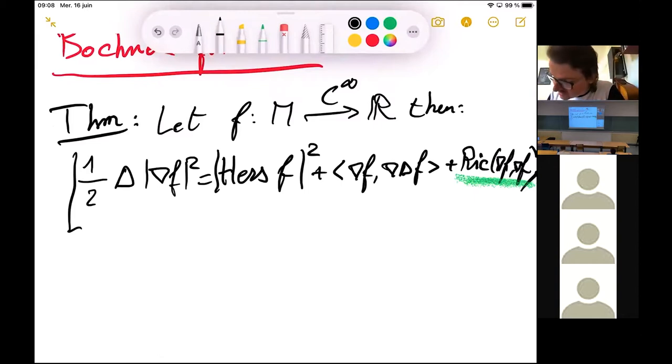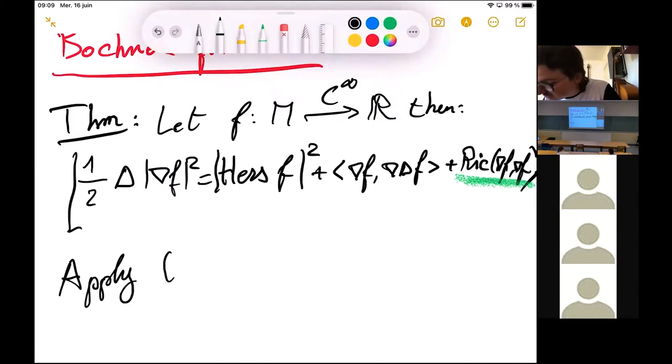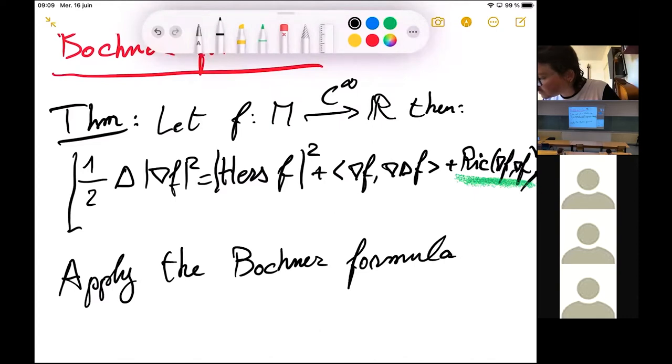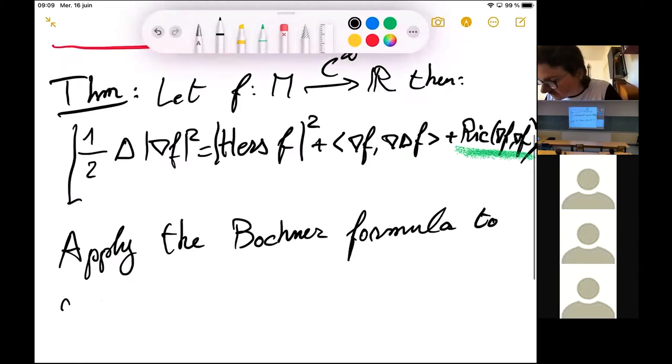So now let's apply the Bochner formula to a distance function. What does it tell us?